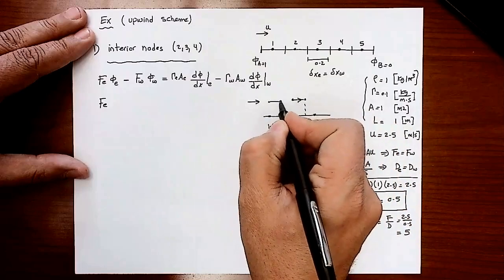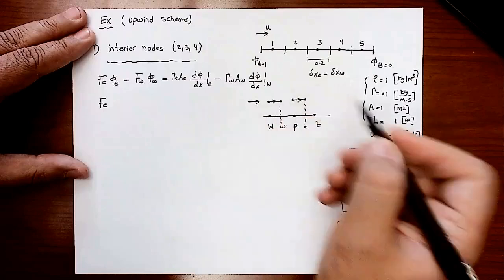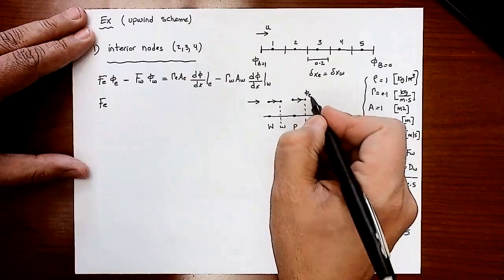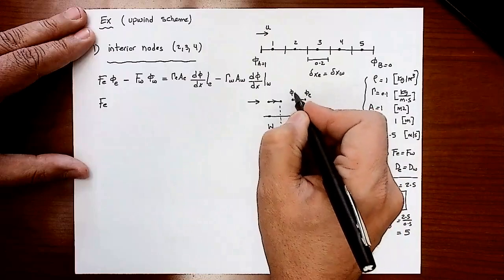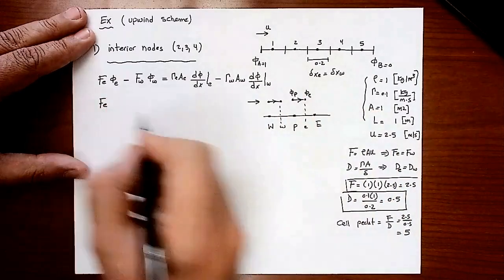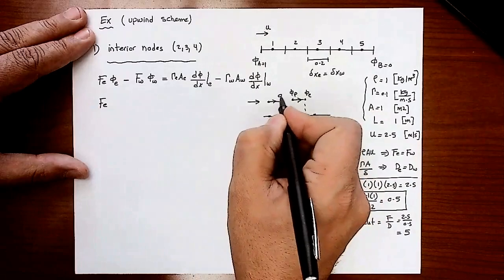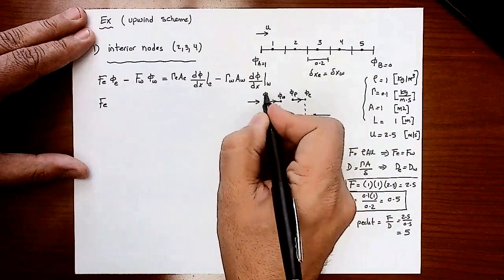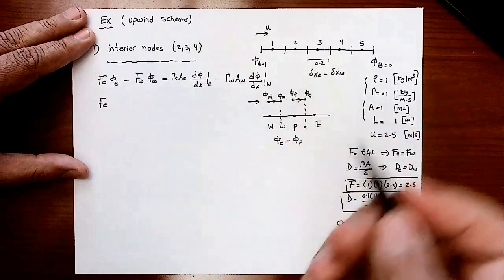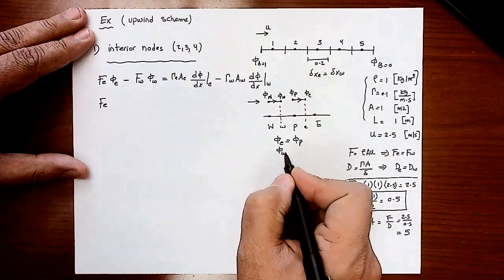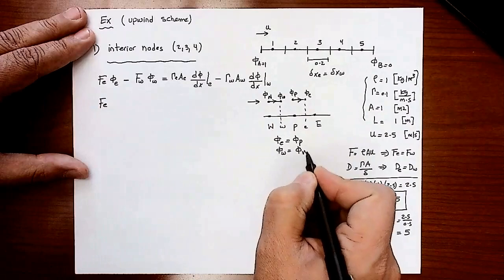So if you want to get phi east, it is going to be the upstream node, so it's going to be phi p. So phi east should be the phi p, and the phi at the west face should be equal to phi of the west node.